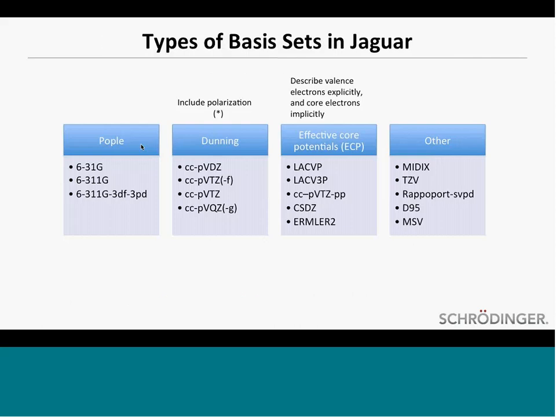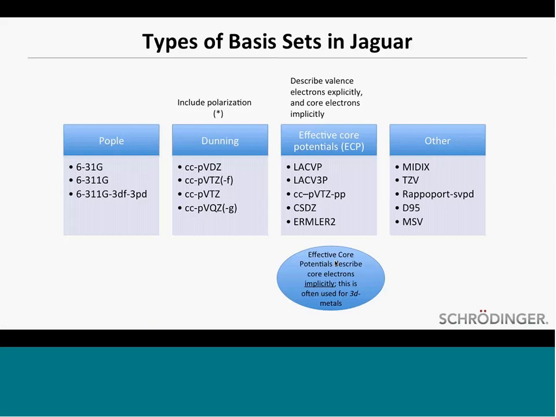So there's a lot of different basis sets to choose from in Jaguar, and it could get really confusing. So these are divided into a few categories, which are shown here. The Dunning basis sets include polarization implicitly. And then we have a number of effective core potentials, which are helpful if you want to study transition metals.